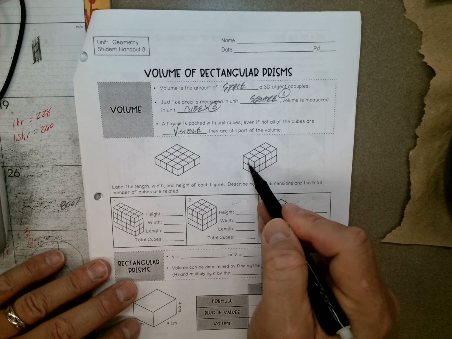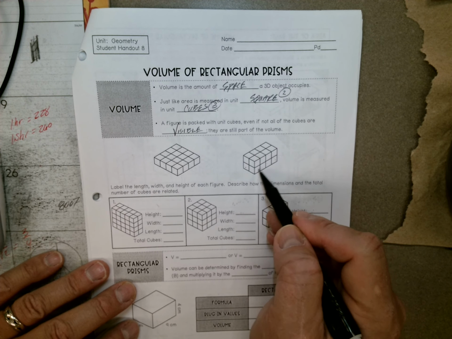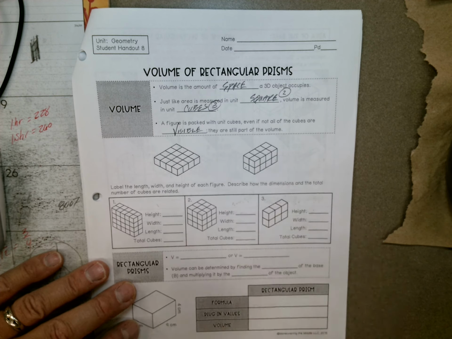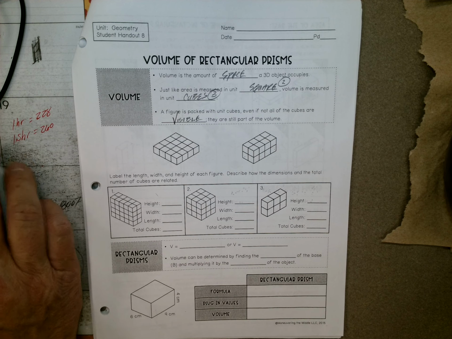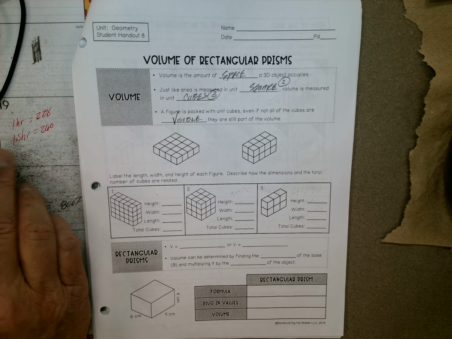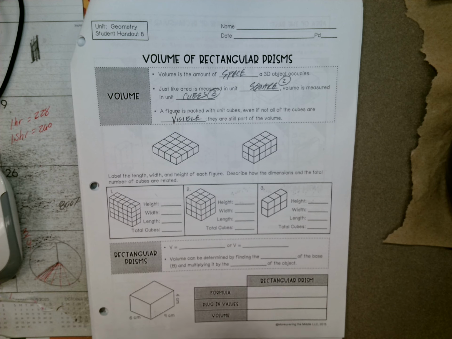Here, we can't see behind this one or behind these, but there are cubes there. So we have to account for those through a certain formula. That formula is volume equals length times width times height. All right, let's get started.